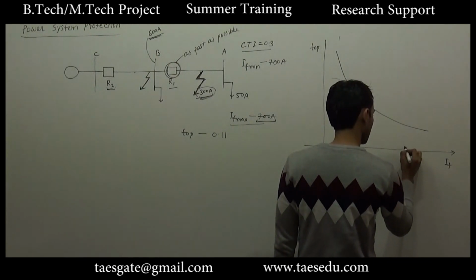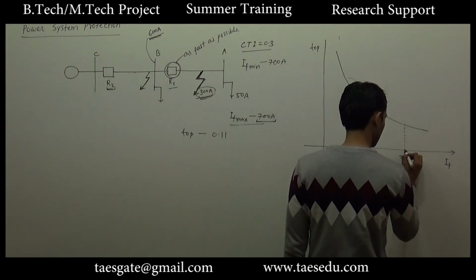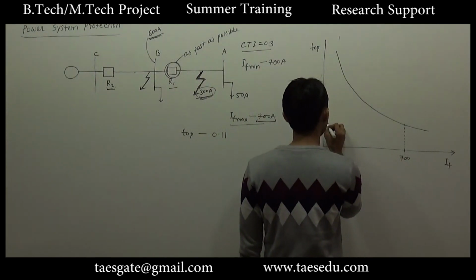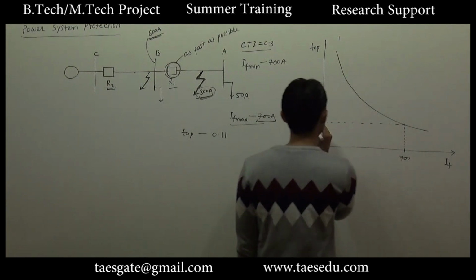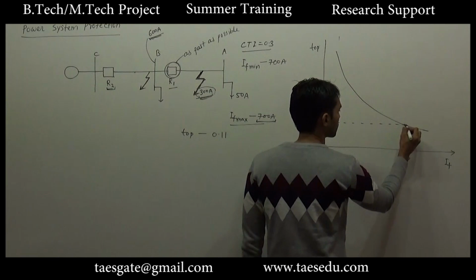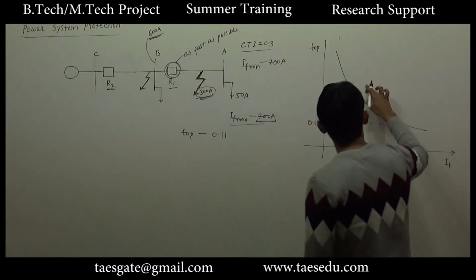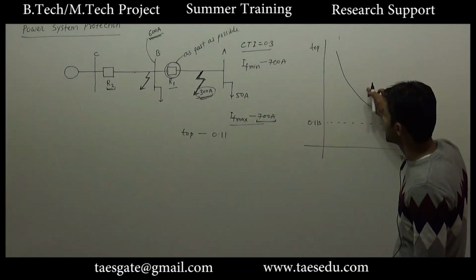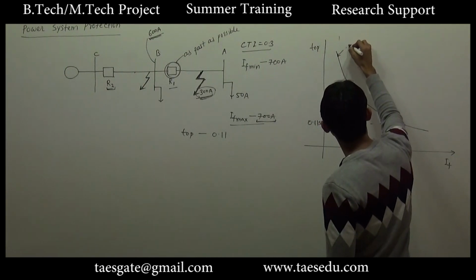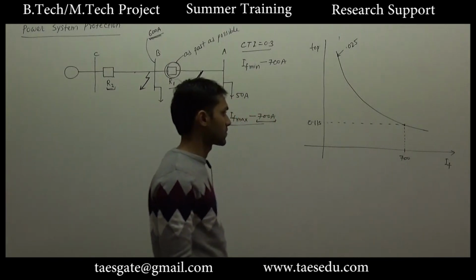For the fault current of 700 ampere, the operational delay was 0.11 second. Okay, and we know that this curve varies with time multiplier setting. For this calculation the time multiplier setting was 0.025.